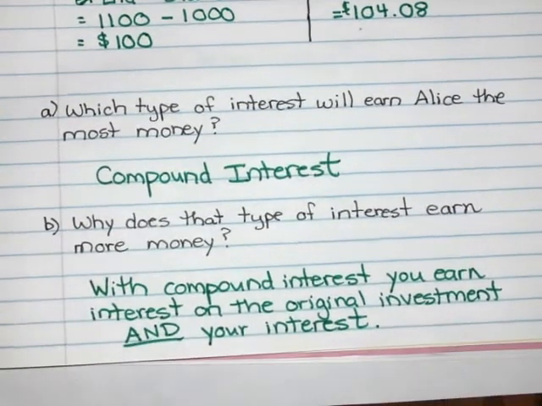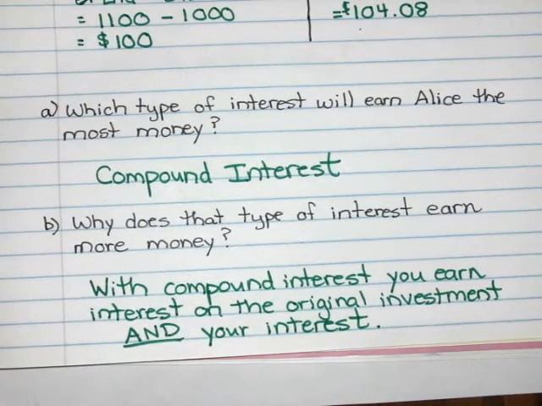Whereas simple, just the original amount. And that's the difference between simple and compound interest. Compound interest will earn you a little bit more money, but it's a little harder to calculate. We'll try an example in the next video.